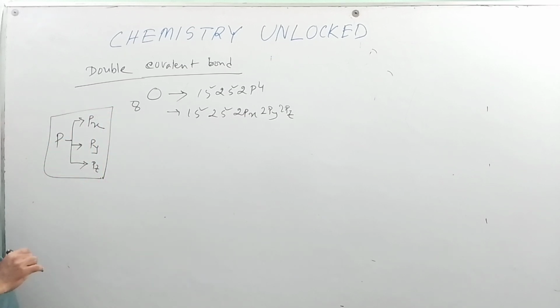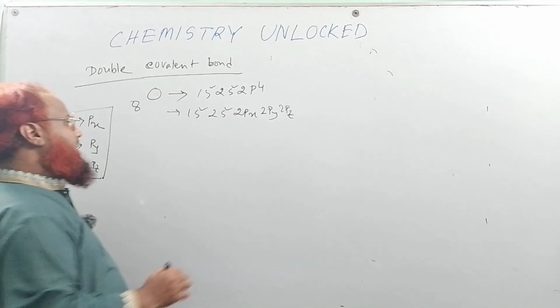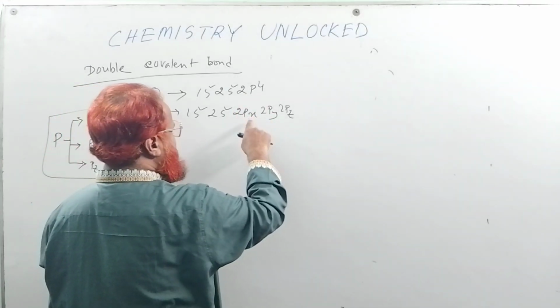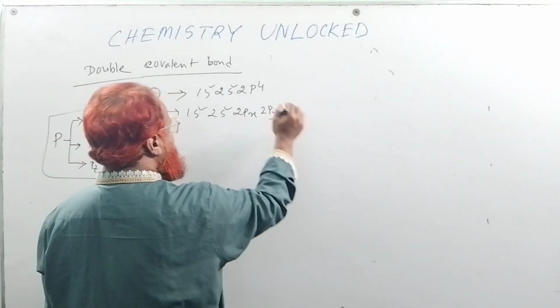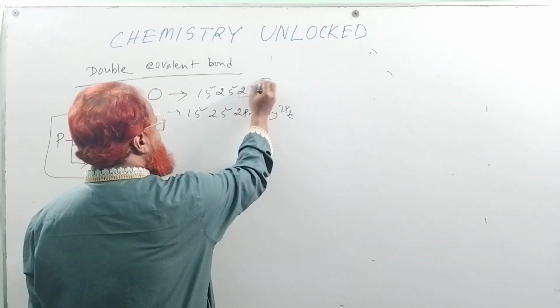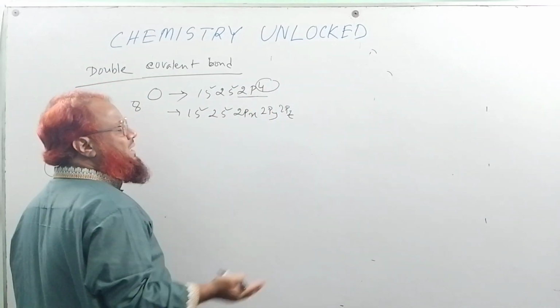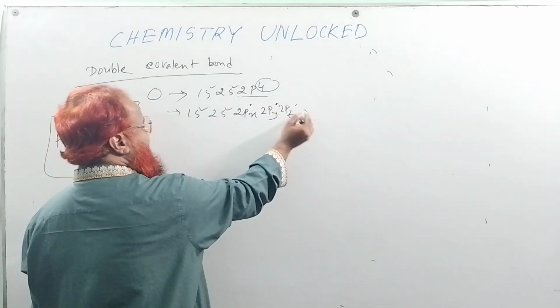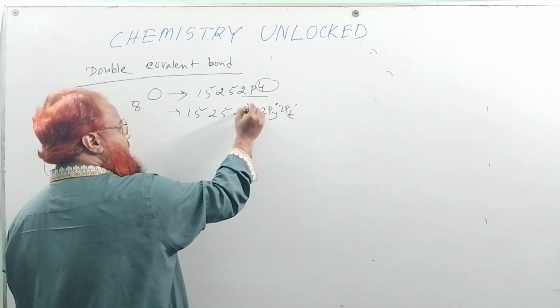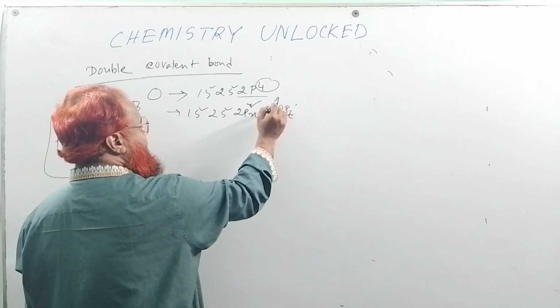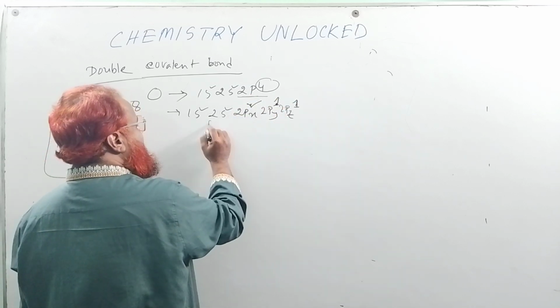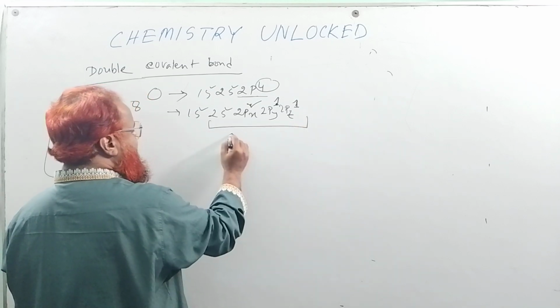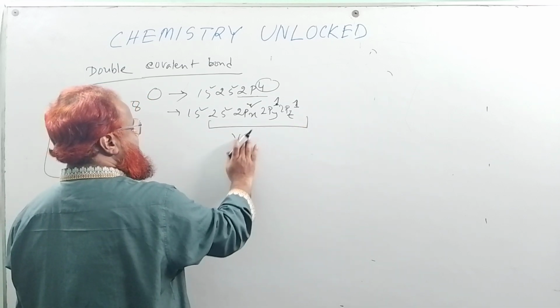Every p subshell has these 3 p orbitals. Now these 4 electrons will be distributed among these 3 orbitals. So 1, 2, 3, and again 1. So one will get 2, one will get 1 and the other will get 1.